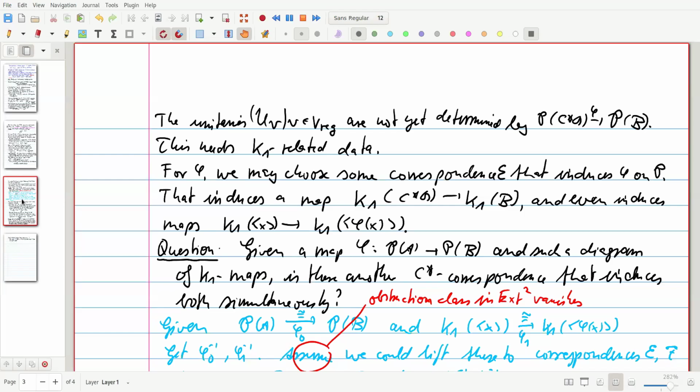And you only realize those maps on K0 and K1 which are in the kernel of this boundary map, this obstruction class map to Ext2. And then there is an Ext1, which gives you the homotopy classes of those correspondences with the same map on K0 and K1. And then the Ext2 doesn't appear anymore except in the obstruction class map.